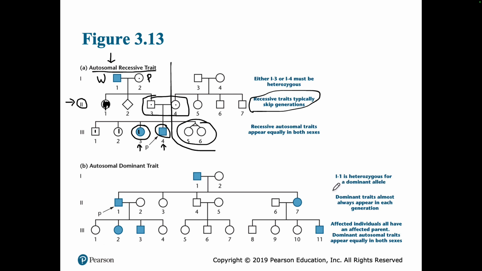And so the dominant trait will almost always appear in every generation. So this means, like, this parent here, the mother is actually homozygous recessive, but the father is probably heterozygous because some of his children are unaffected.